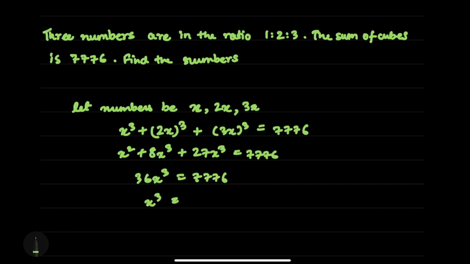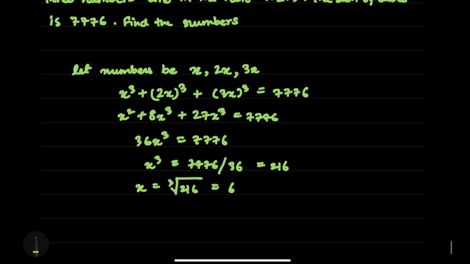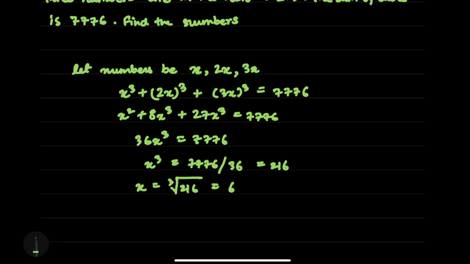Then we have x cube is equal to this division, which gives us 216. And through our table, we know the cube root of 216 is 6. So our first value is x equal to 6. We have 2x equal to 2 into 6, that is 12. And our third value is 3x, that is 3 into 6 is 18. So our numbers are 6, 12, and 18.